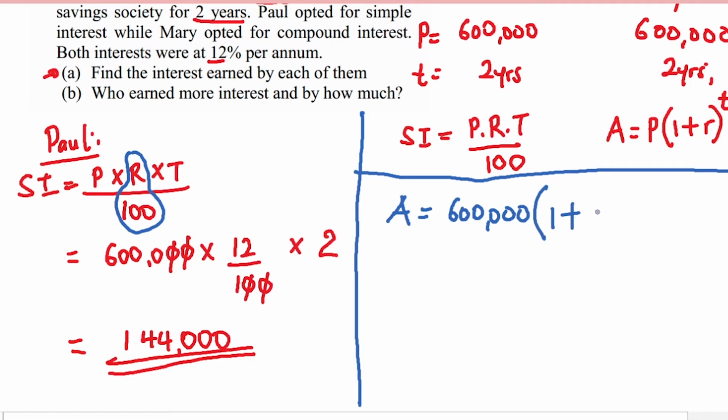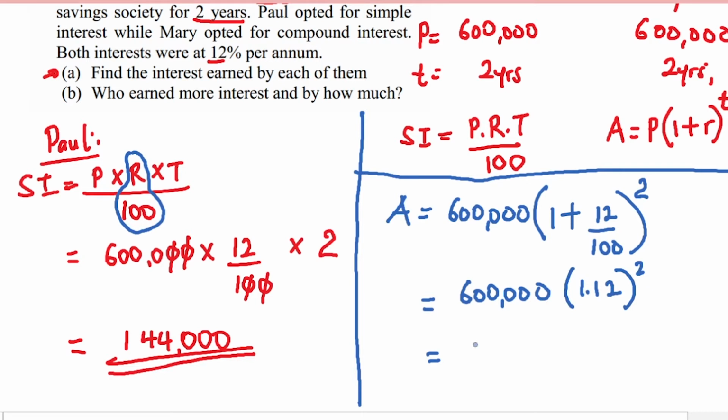The rate is 12%, so it is 1 plus 12 over 100, to the power t. T happens to be the time, which here is 2 years, so we put 2 up there. So this is going to be 600,000 into, and the answer is 752,640.